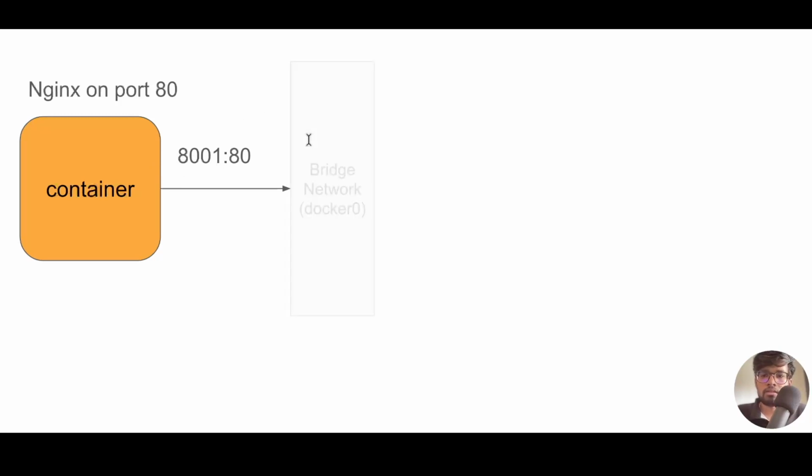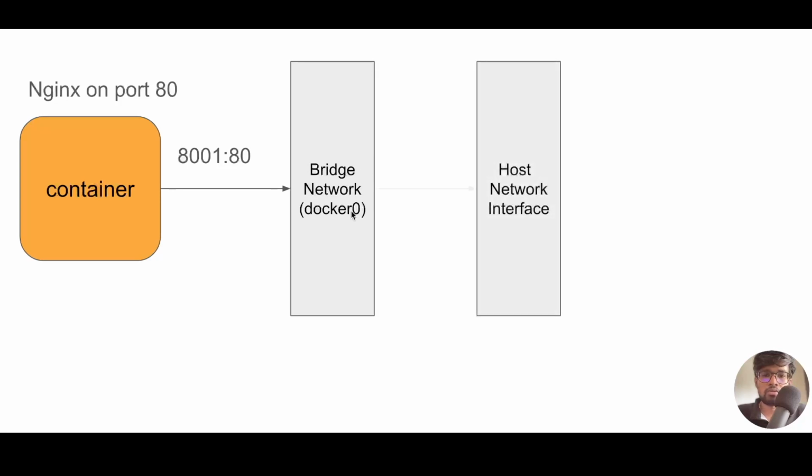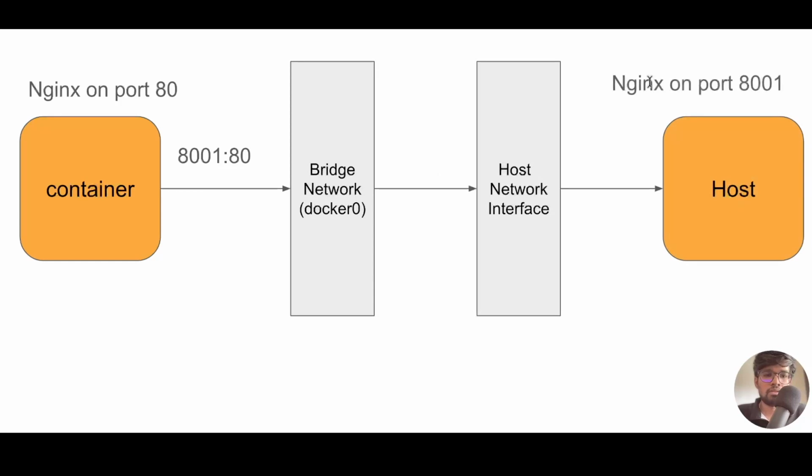It communicates with this bridge network, which is created by Docker. We can also call it the docker0 network. This bridge network talks with the host network interface, and the Nginx running on port 80 in the container listens on port 801 on the host machine.